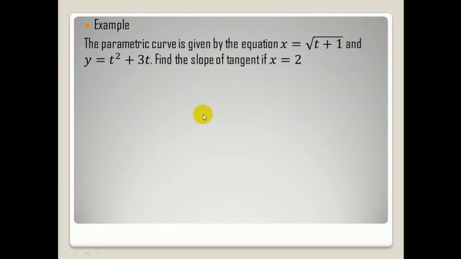The parametric curve is given by the equations x equals square root of t plus 1 and y equals t square plus 3t. Find the slope of the tangent if x equals 2.